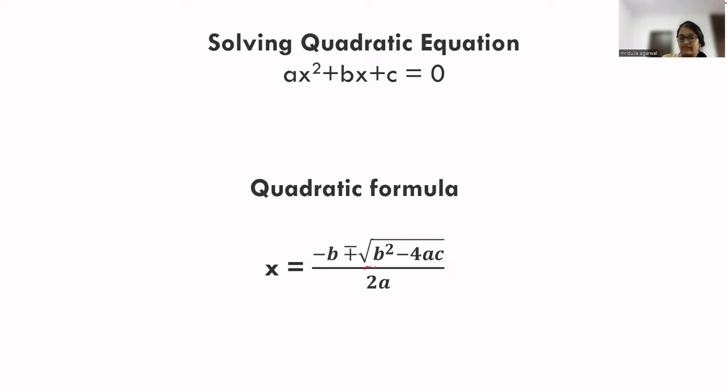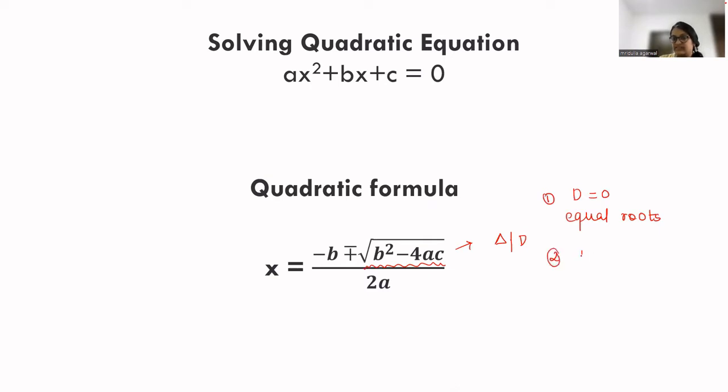upon 2a, where the term under the root is termed the discriminant and it is denoted as delta or by D. There are many conditions on this. When the root term, that is D, is 0, we will have equal roots. This is the first condition.